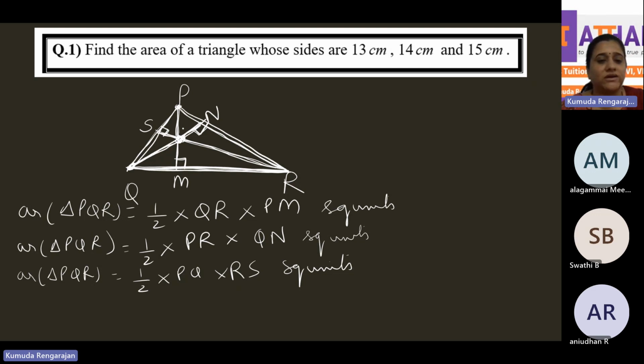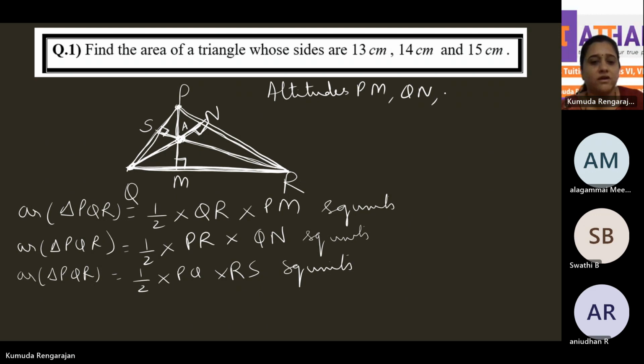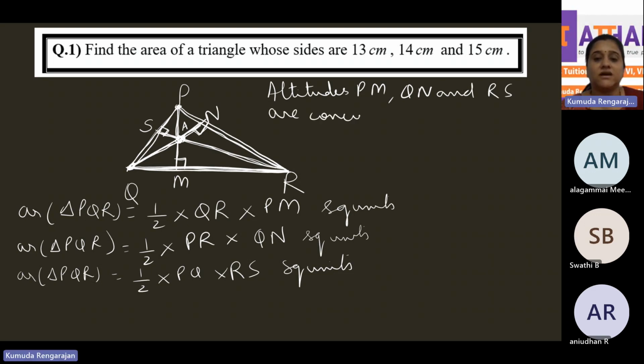Let me call it A. The altitudes PM, QN and RS are concurrent at A, meaning they meet at A. Actually, you shouldn't use the word intersect. You must say they are concurrent at A.